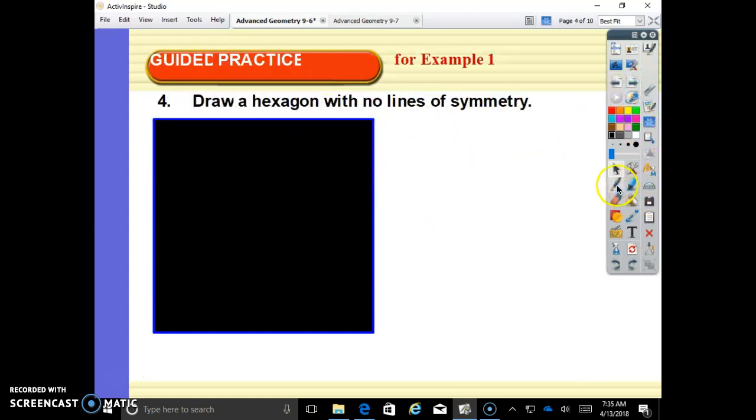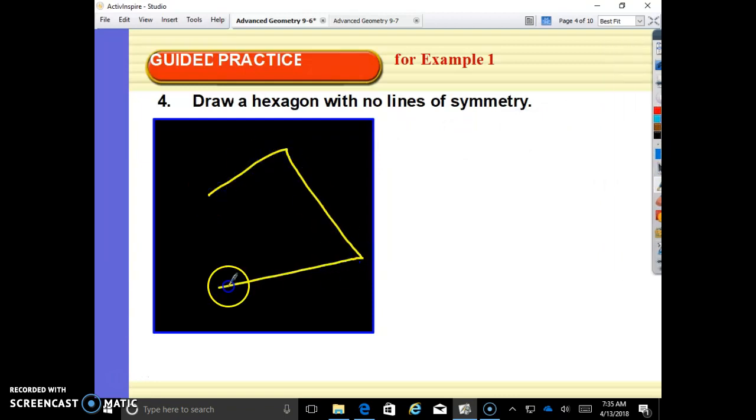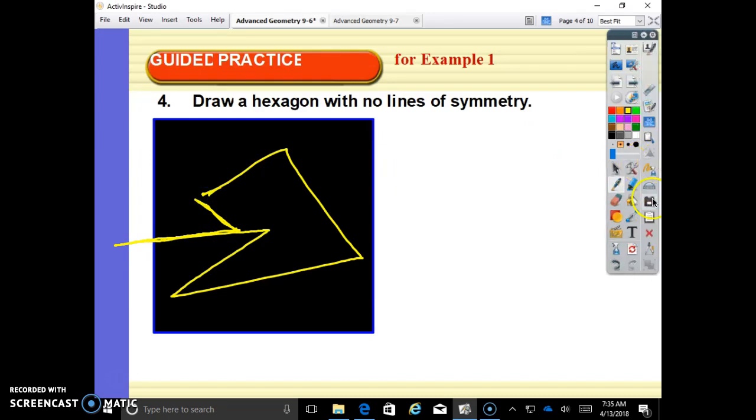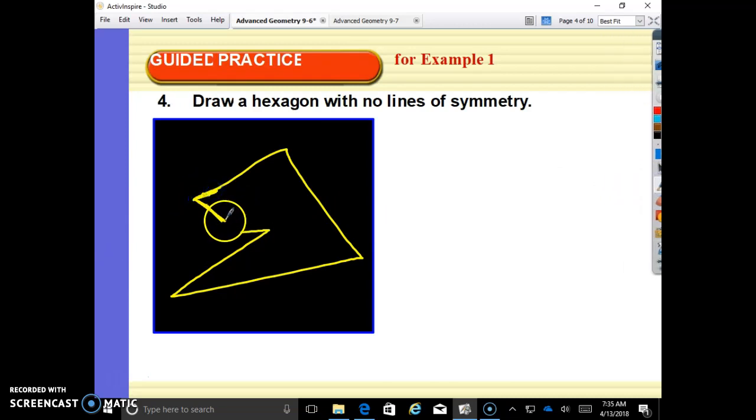Draw a hexagon with no lines of symmetry. 1, 2, 3, 4, 5, 6. Let's get my eraser. Something like that.